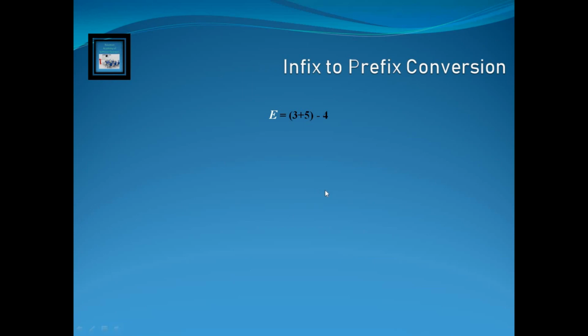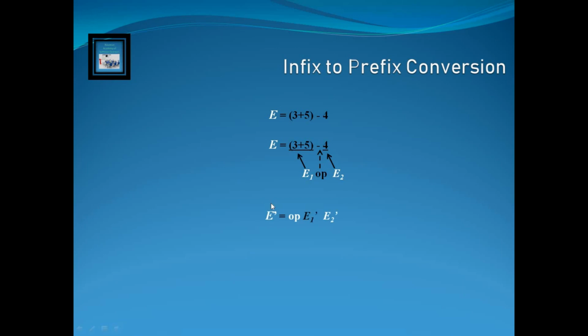Okay, here we see another example for infix to prefix conversion. The expression has a sub expression 3 plus 5 within parentheses, and another sub expression, which is 4, and the infix form is E equal to the first sub expression, then the operator minus, and then the second sub expression.